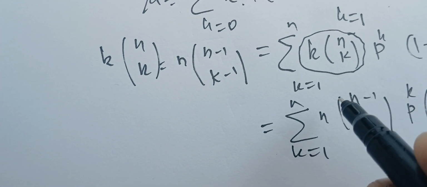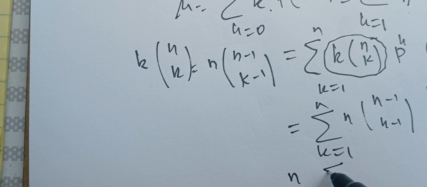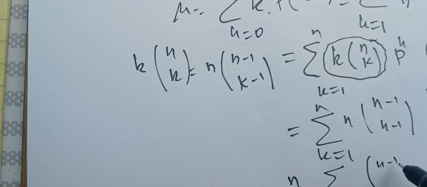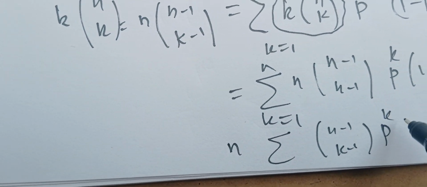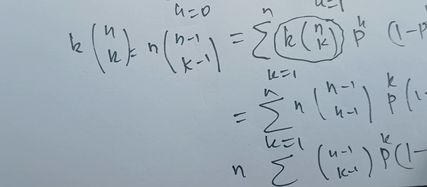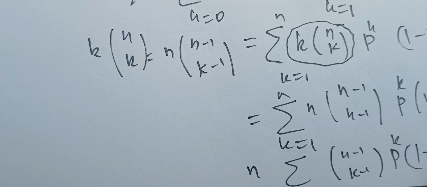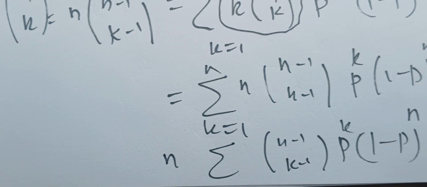I can take the n outside because it doesn't depend on k. And I have n minus 1 choose k minus 1, p to the power k times 1 minus p to the power n minus k.